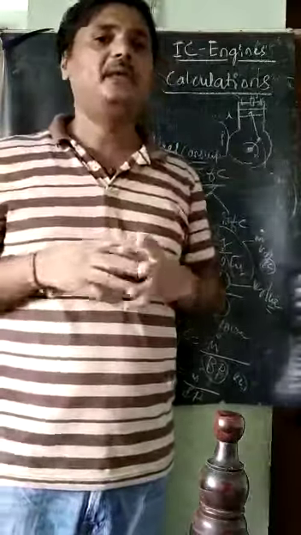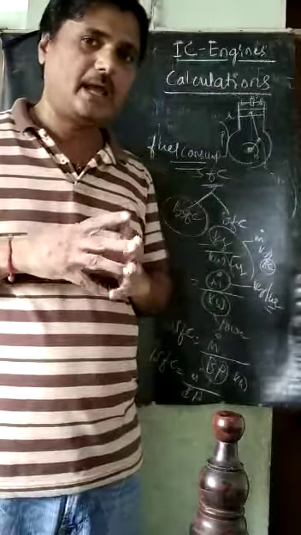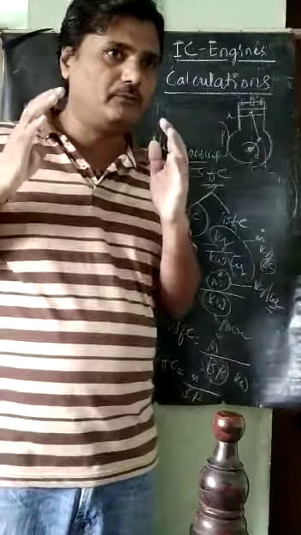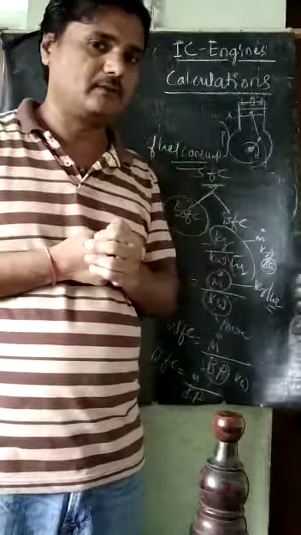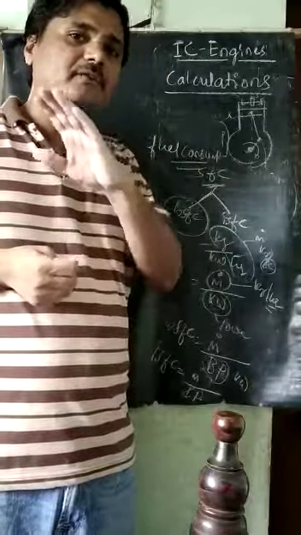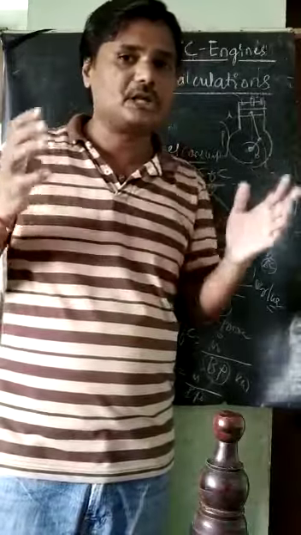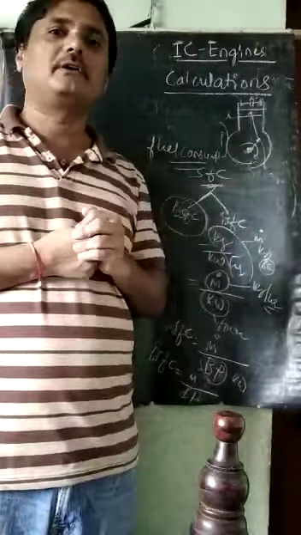That is the BSFC and ISFC. Per unit mass flow rate, how much power we are getting, whether it is IP or BP, that is called the specific fuel consumption.